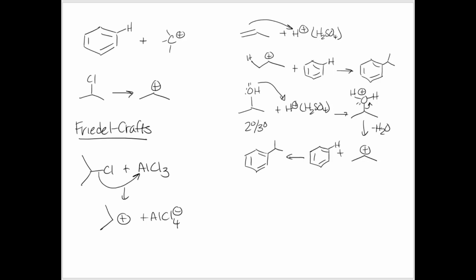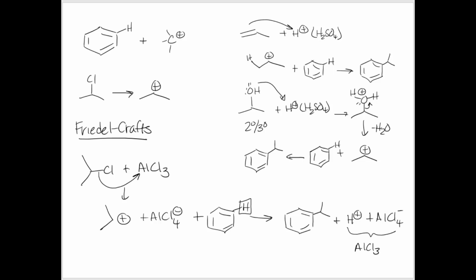And then we would react that isopropyl carbocation with the benzene ring, and it would end up doing a substitution reaction. So again, it would form the isopropyl benzene. Let me complete the reaction, because we would form H plus out of this, and that would react with the AlCl4 minus to make AlCl3 and HCl.